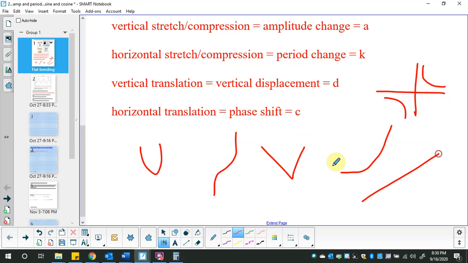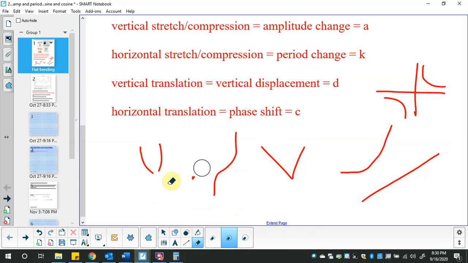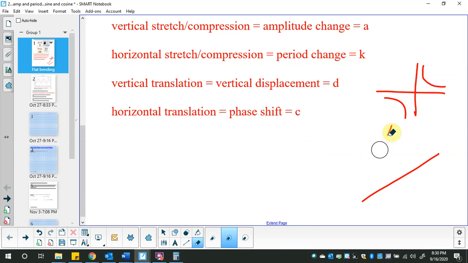There was a line. 1, 2, 3, 4, 5, 6. I'm missing something. Oh, the one-armed parabola going sideways. So I'm not sure if I covered all of them. It's been a while for grade 11 for me, but I know that those were all covered. Just like those have transformations, meaning that they are stretched and compressed and moved around, so translated.